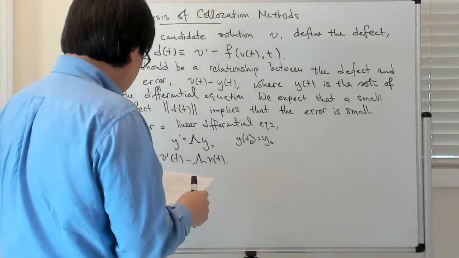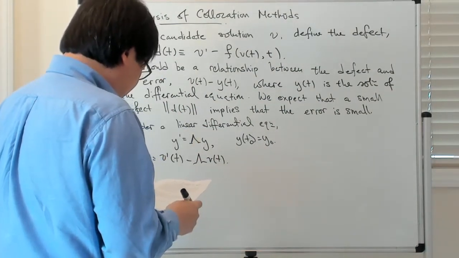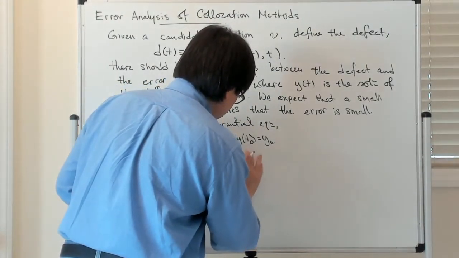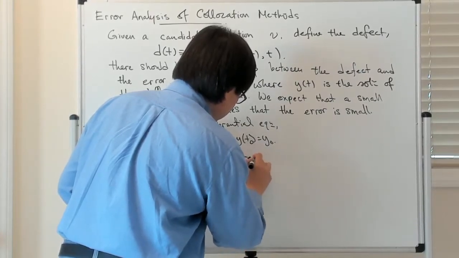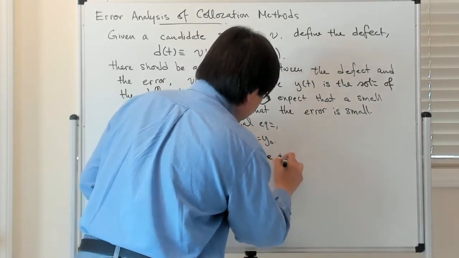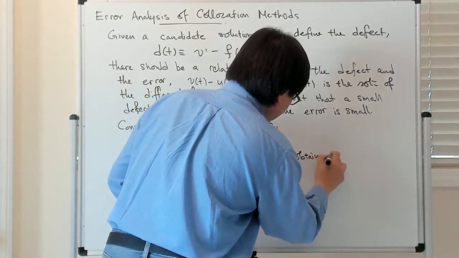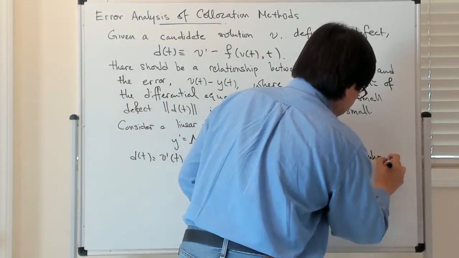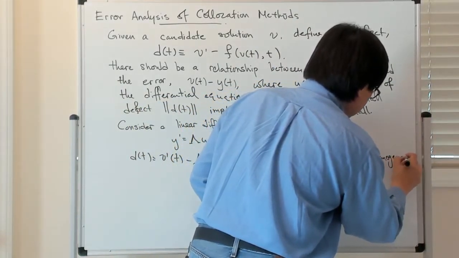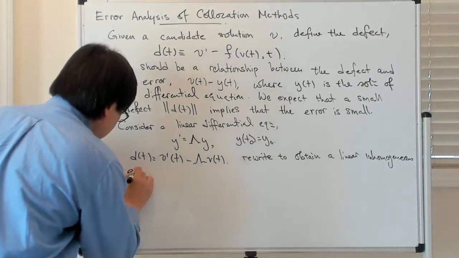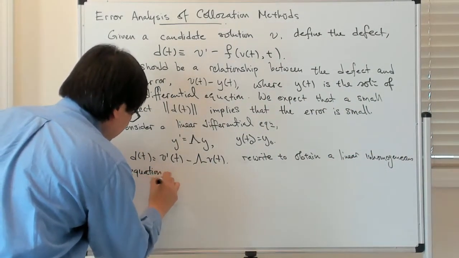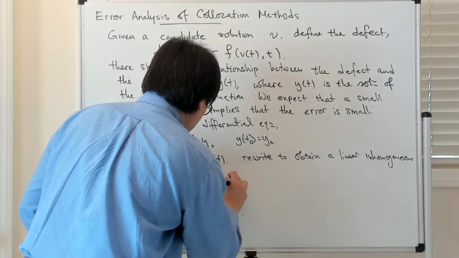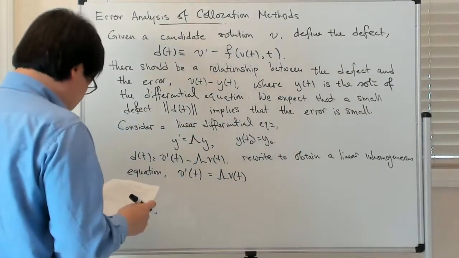And so you can rewrite this to obtain a linear inhomogeneous equation, which says that v prime of t is equal to lambda v of t plus d of t.